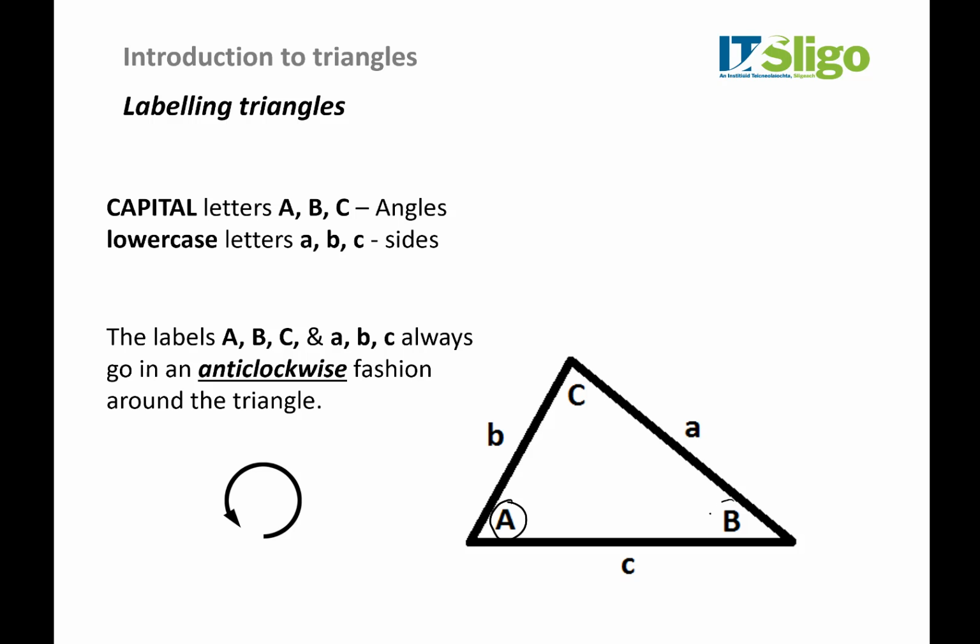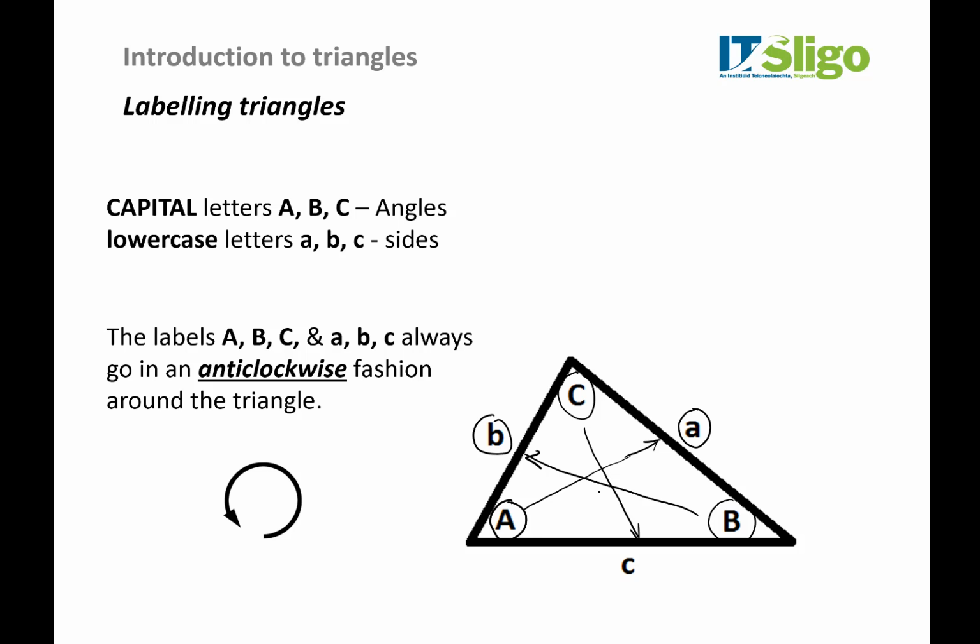So B must then be in an anti-clockwise position to A, as is C. Note then, side a is opposite angle A. Side b is opposite angle B, and obviously side c is opposite angle C.